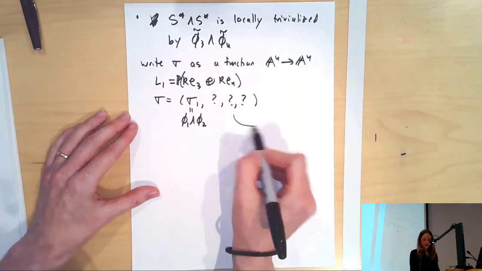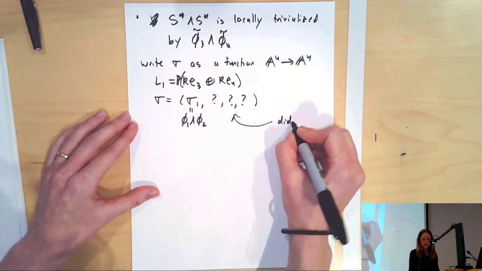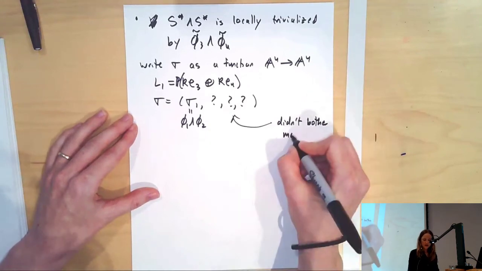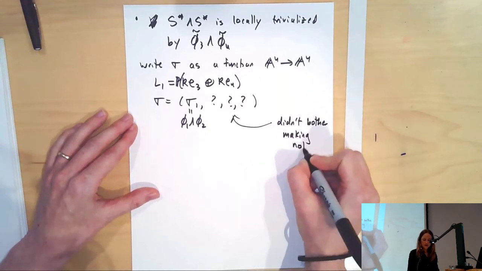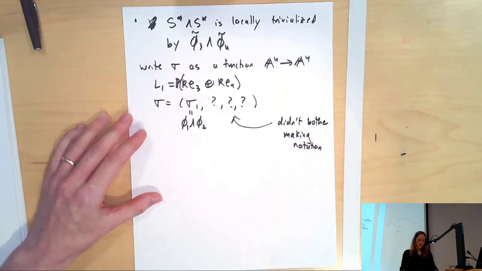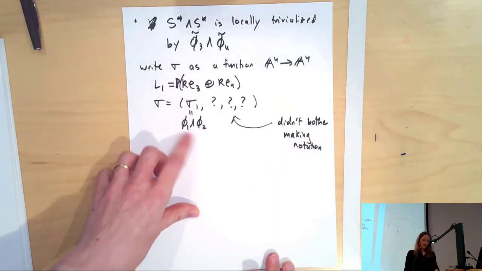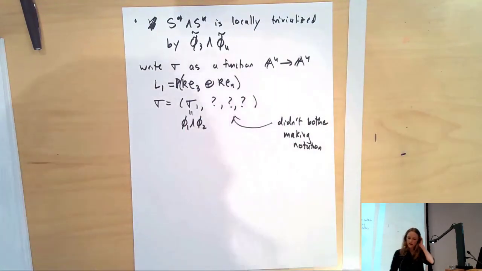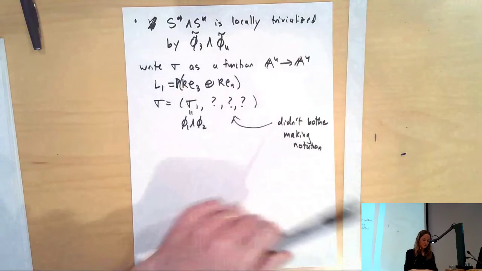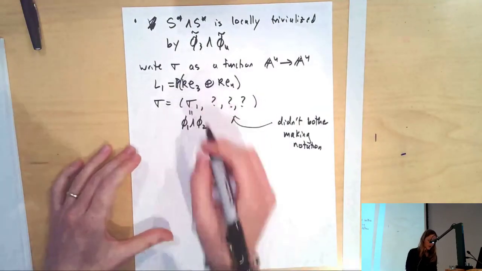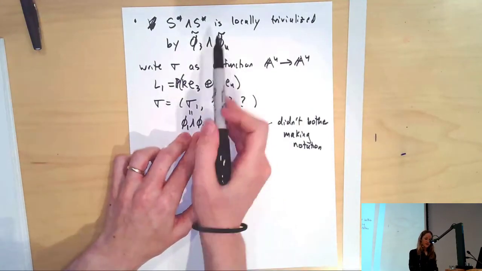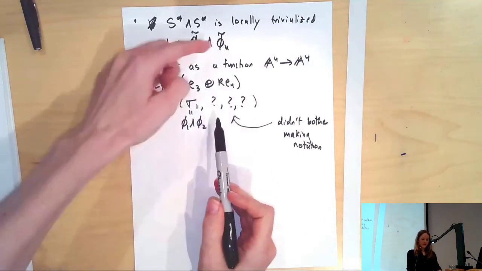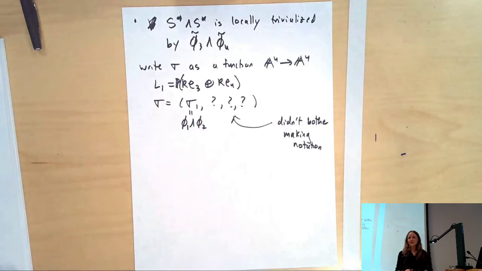We didn't bother making notation for these because it's the same. So we need to express this as a function of x, y, x prime, and y prime. To do that, we need to know the coefficient of phi 3 twiddle wedge phi 4 twiddle in this. So that's an exciting linear algebra problem.